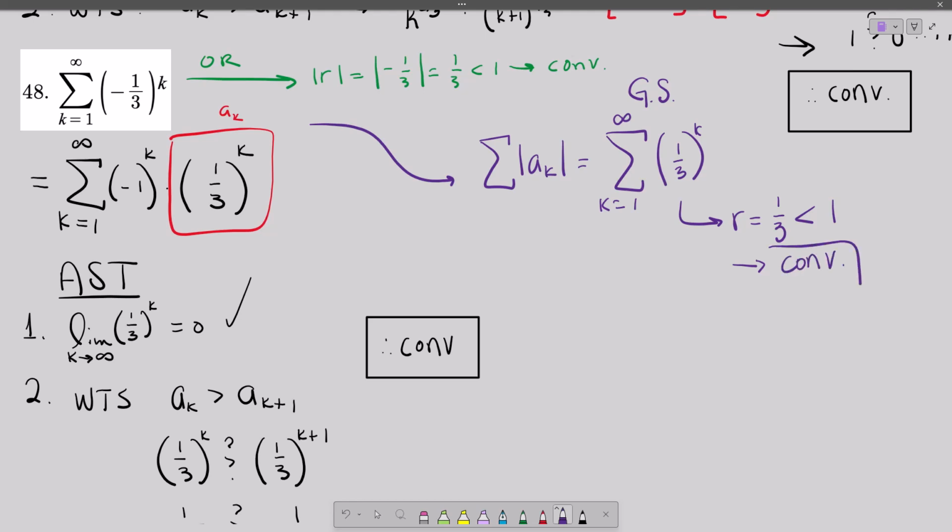So now we have convergence of the original series, convergence of a sub k. We also have convergence of the absolute values. So what is our ultimate decision then? Absolute convergence. When we think about convergence, it could be absolute, could be conditional. This is absolute. So therefore, we have absolute convergence.